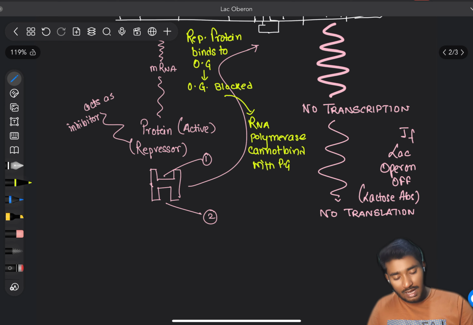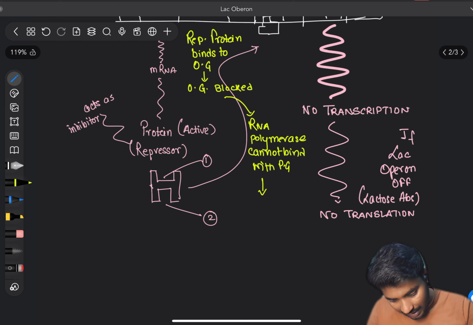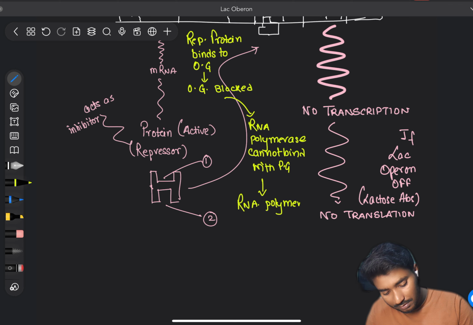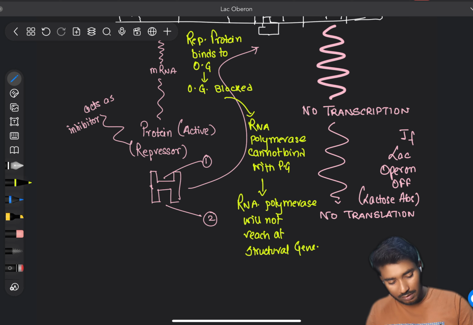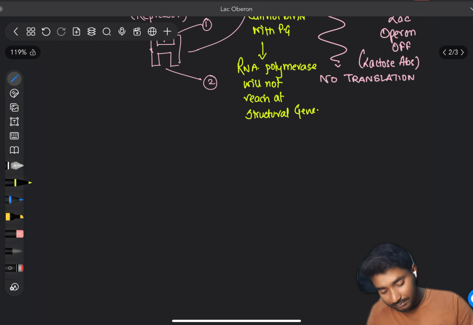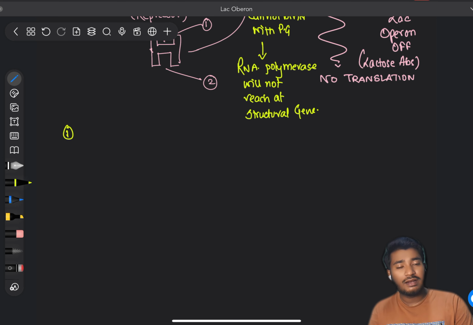What happens if the RNA polymerase cannot bind to the promoter gene? Ultimately, RNA polymerase will not reach the structural gene. So the RNA polymerase will not reach the structural gene. What will happen?